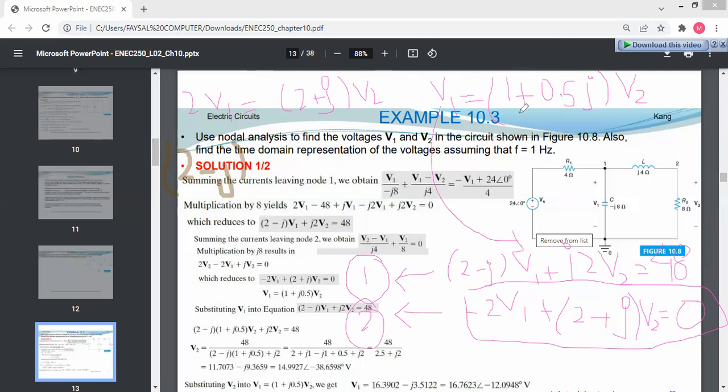So v1 value is this one, 1 plus 0.5j with the whole value of v2.